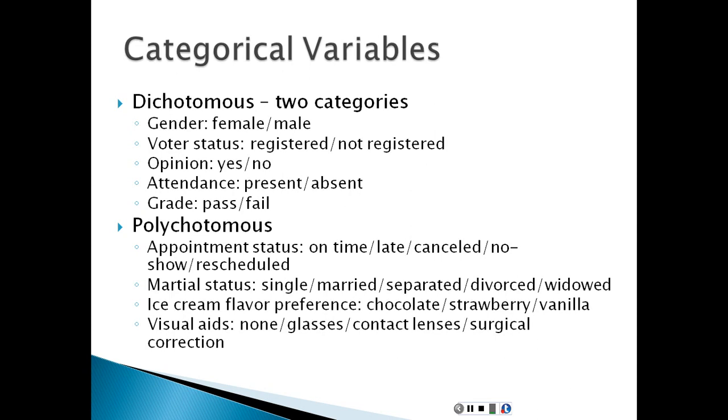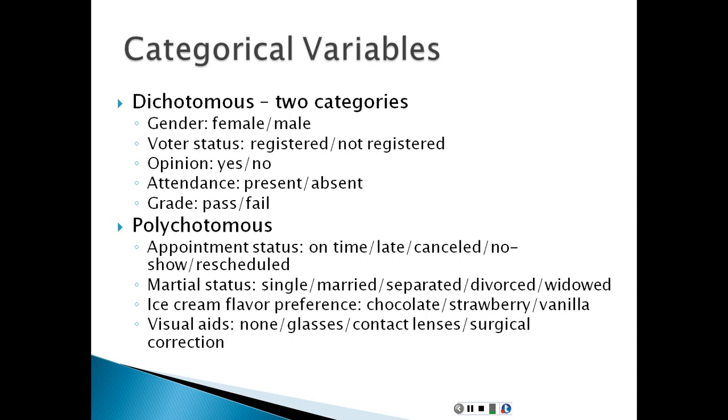Now, we can also have categorical variables that have any number of categories. And so, if we have a variable that contains more than two categories, that is considered a polycotomous variable. And this would be, for instance, appointment status.